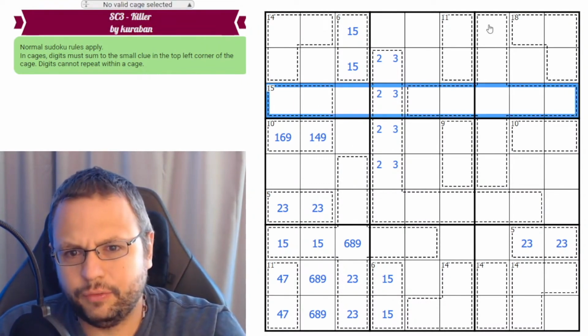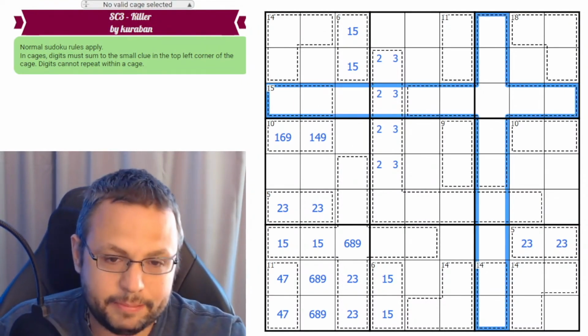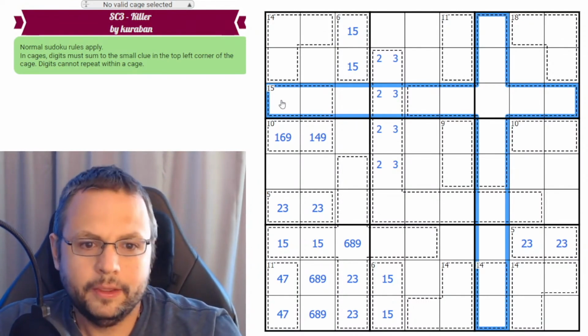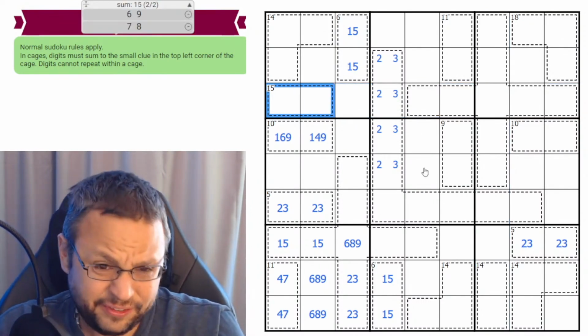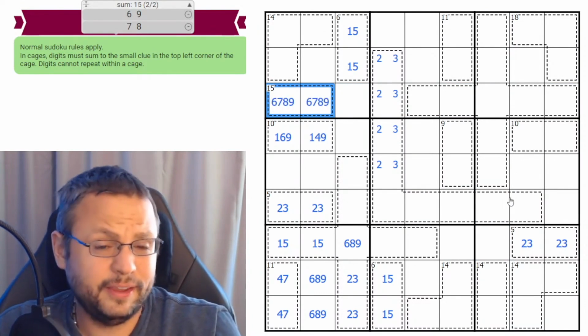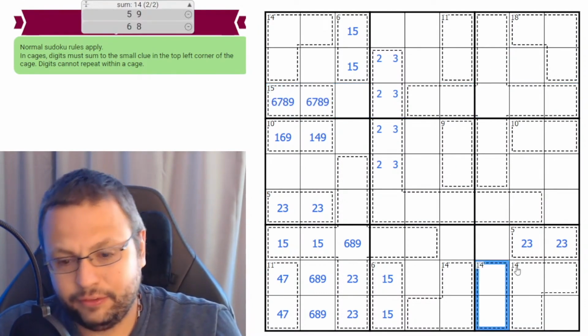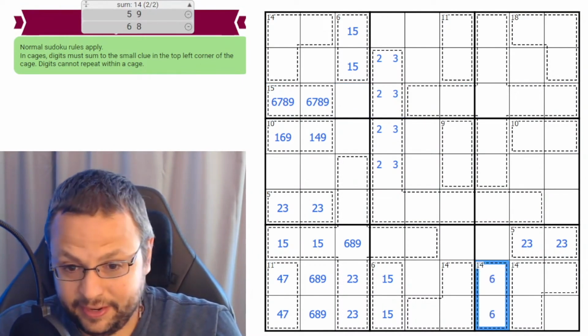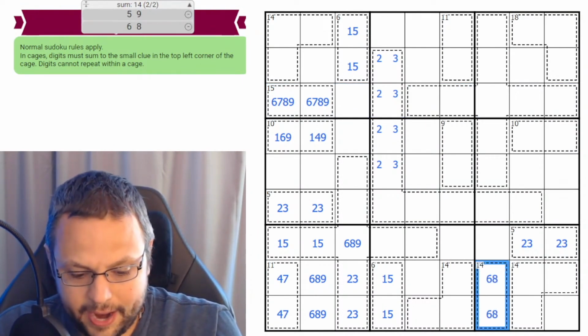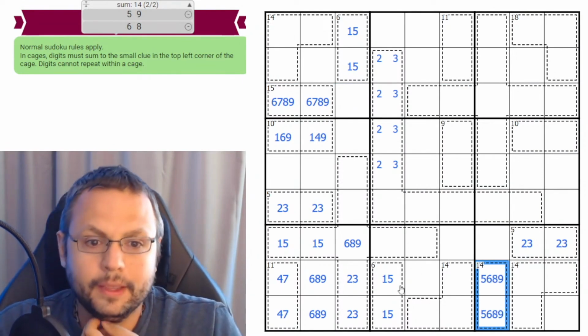This 15 cage and this 14 cage are going to be doing exactly the same dance. That's the point. So this 15 cage is either a 6-9 or a 7-8. And then this 14 cage is either a 6-8 or a 5-9.